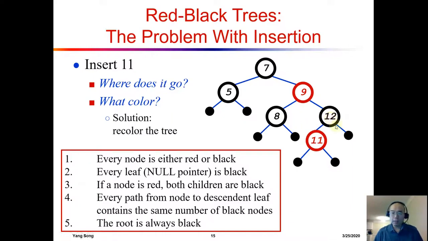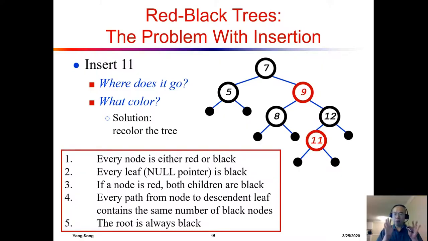So in this case, if you go down 7, 9, 12, 11, and this one, we count the black height as 3 again, right? So for this version, no matter which way we go, we only have 3 black nodes to visit.